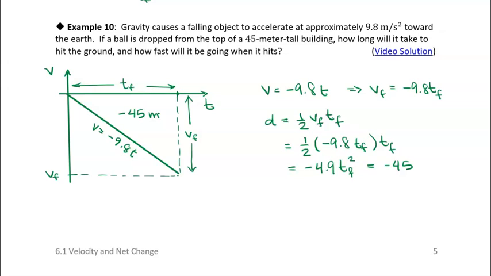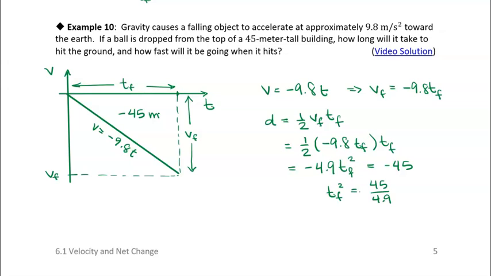We're just going to divide each side by 4.9. So we get T final squared is equal to 45 over 4.9. Now I canceled the negative, because negative divided by negative is positive.